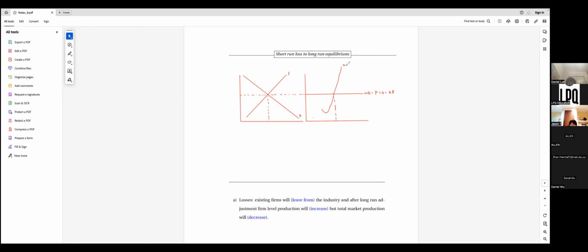This is called MC. This is QF. This is QM1. This is PM1.